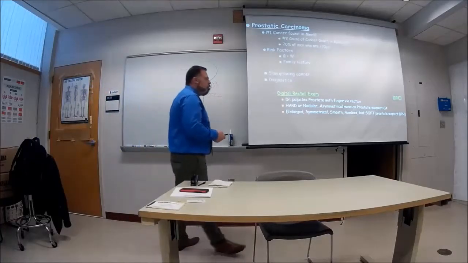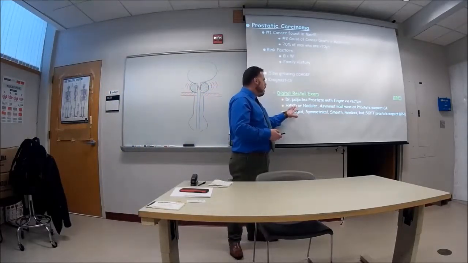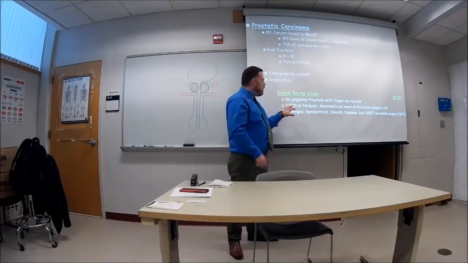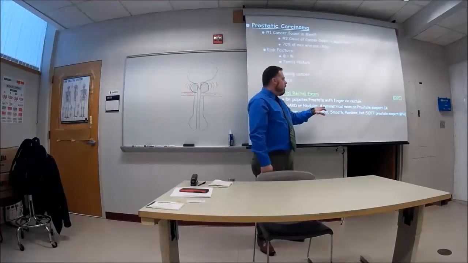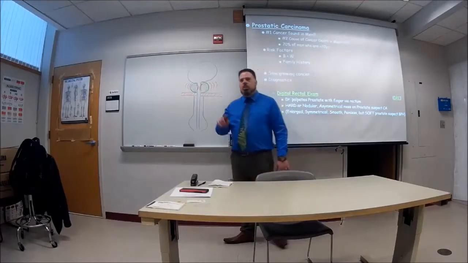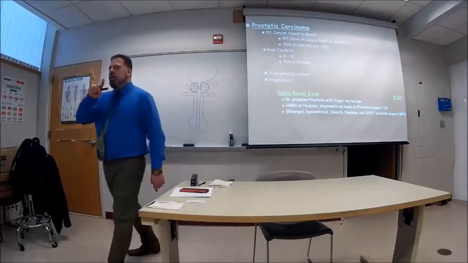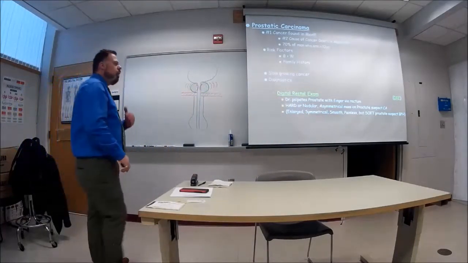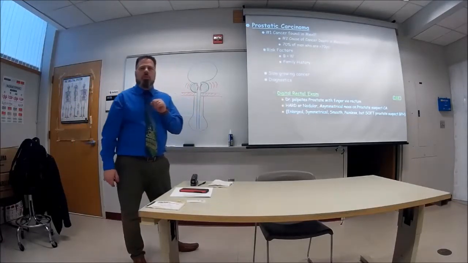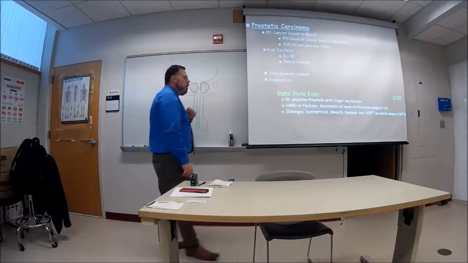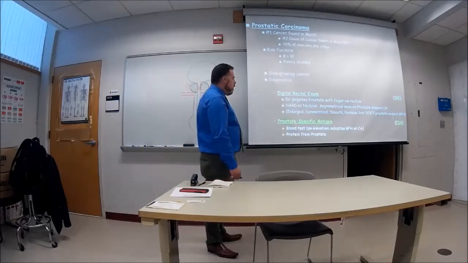Okay? So we suspect that when they check the prostate that there is no hard or nodule areas like your chin. All right? That there is no asymmetrical mass, that you don't feel like a mass on one side, then you feel nothing on the other side. You got to suspect some kind of prostate cancer might be happening over here, okay? So that's what's happening.